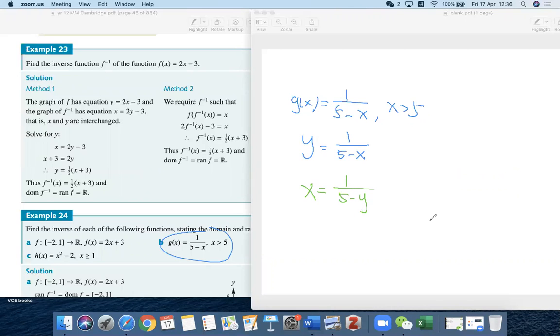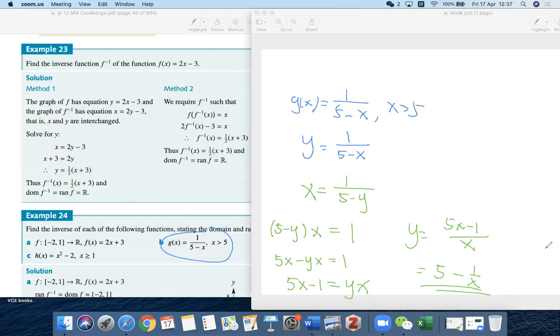Multiplying both sides by 5 minus y gives x times (5 minus y) equals 1. Then open the brackets: 5x minus yx equals 1. Then 5x minus 1 equals yx. So y is (5x minus 1) over x, or written another way, 5 minus 1 over x. This is the relation, and this is the inverse function.